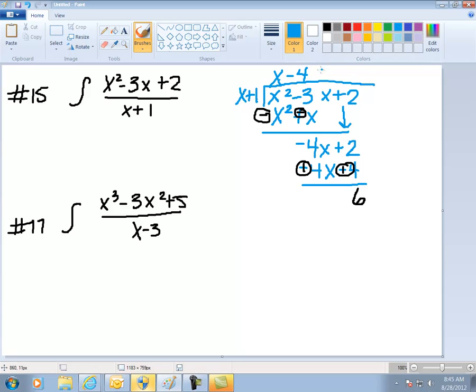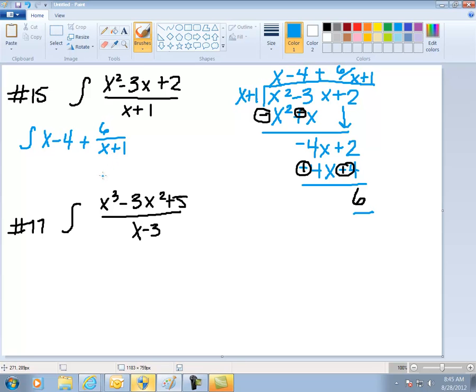Recall that when we have a remainder, we can rewrite this as plus 6, and then we can stick our remainder on top of x plus 1. So now I can rewrite my integral as x minus 4 plus 6 over x plus 1.